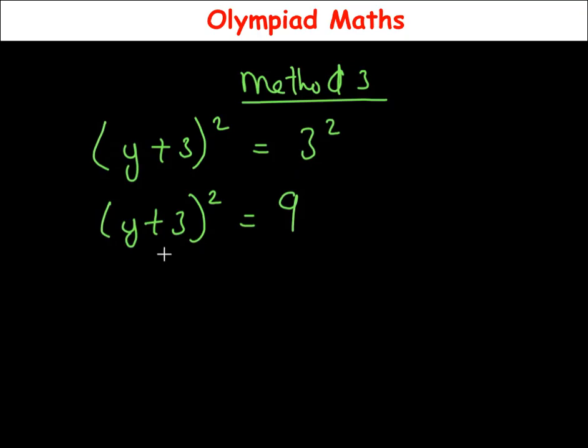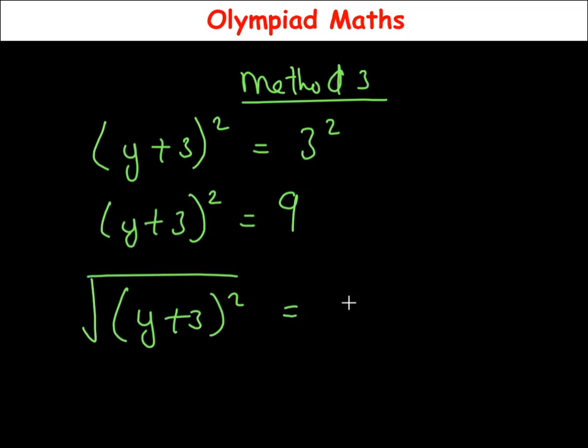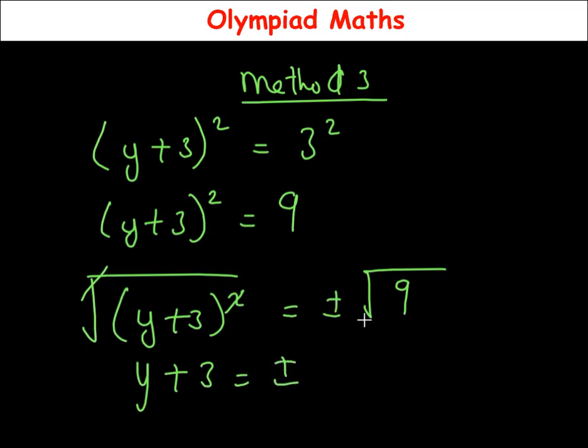So with this, we have to eliminate or remove the square from here, and to do so, we will take the square root of both sides of the equation. So the square root of (y + 3)² is equal to plus or minus the square root of 9. The square will cancel the square root. We have y + 3 is equal to plus or minus the square root of 9, which is 3.